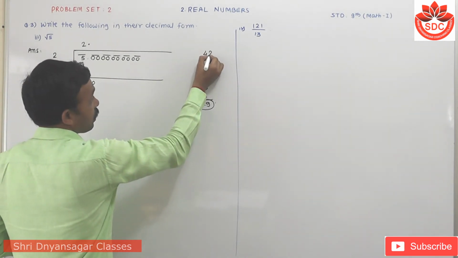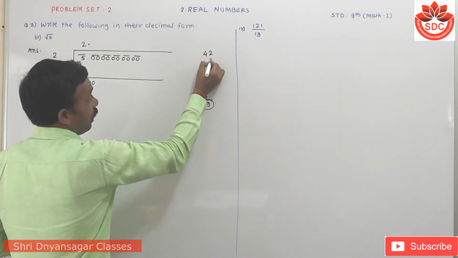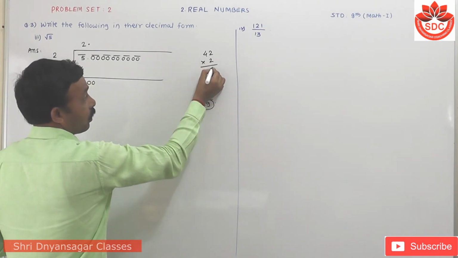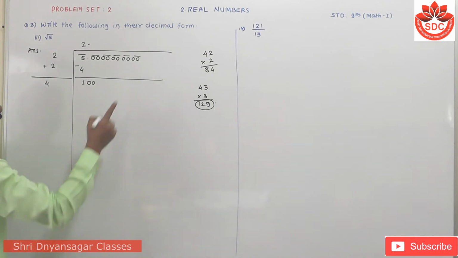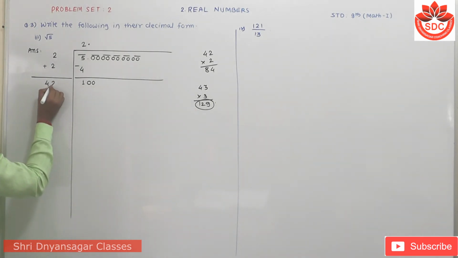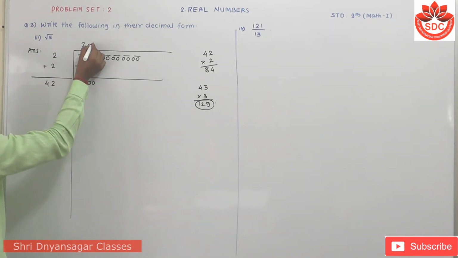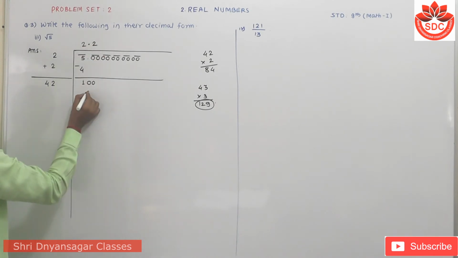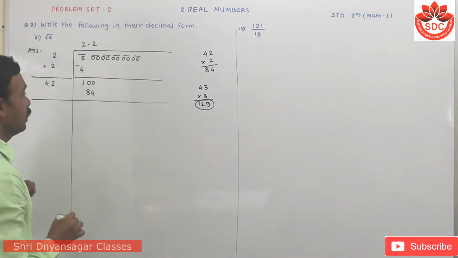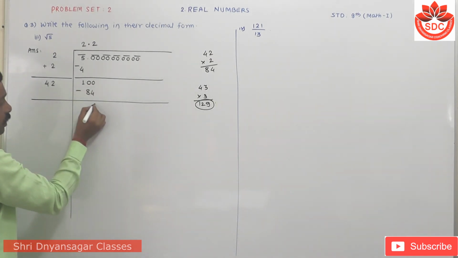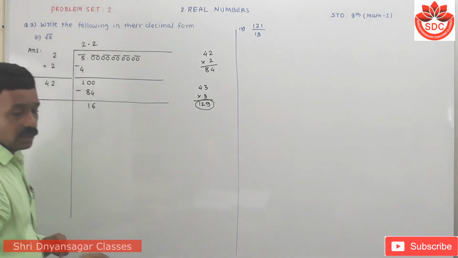Suppose you take 2. Then you multiply by 2. Then 2 2s are 4, 4 2s are 8, that means 84. This is the correct number. So we write 2 here. Then multiply it by 2. It becomes how much? 84. Then this subtraction is how much? 60. Can you understand this?